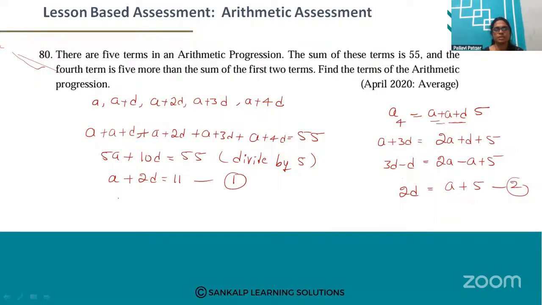So observe the first equation. A is equal to 11 minus 2D, let us write. So equation 1. Now in equation 2, let us substitute A from equation 1. Substitute A in equation 2.